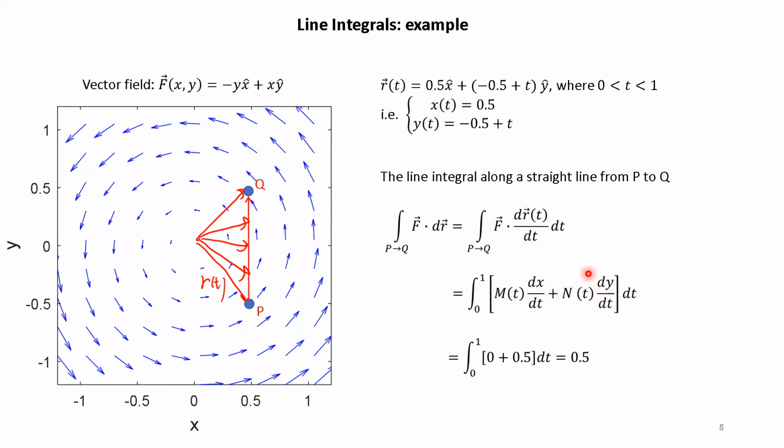So dx/dt and dy/dt can be obtained from here, right? And then what is this M and this N? This M is the x component of this vector field F, which is this one. And then this N is the y component of the vector field, which is this one.